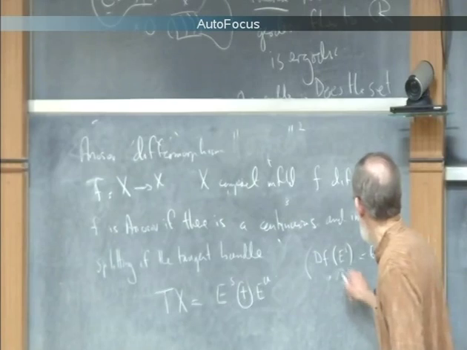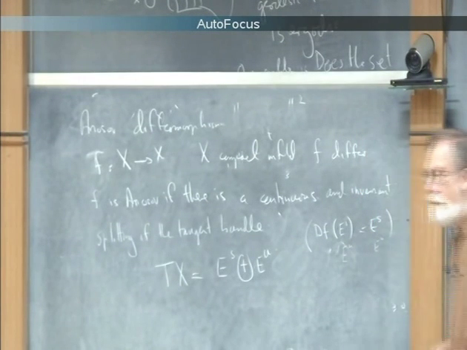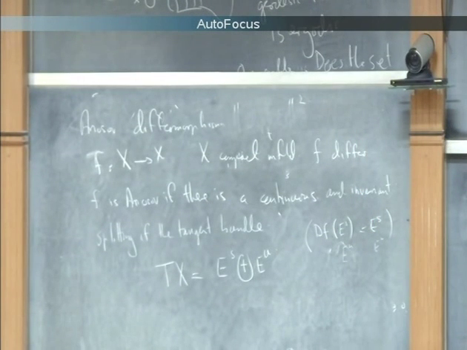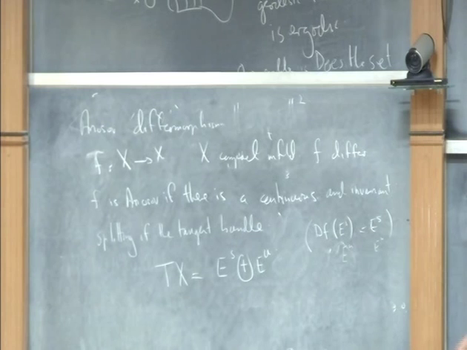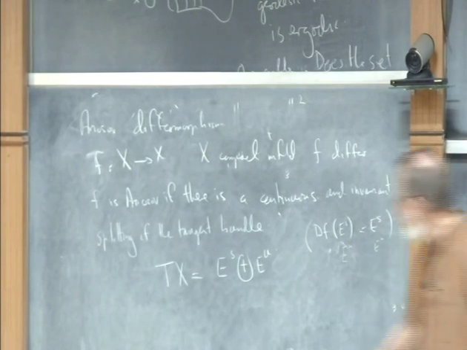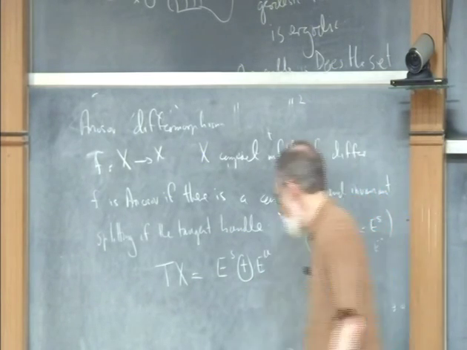And of course, same for E^u. So you have such a splitting. And the important stuff is what comes next. It's the properties of vectors in these bundles.